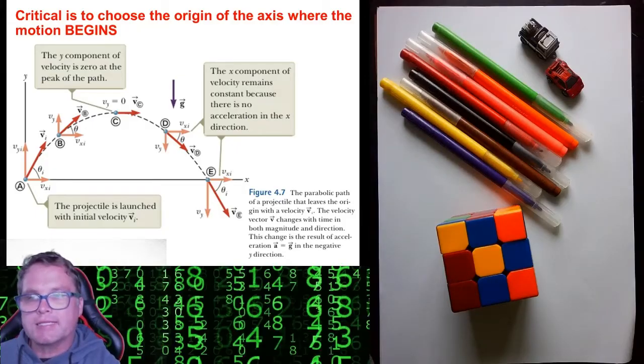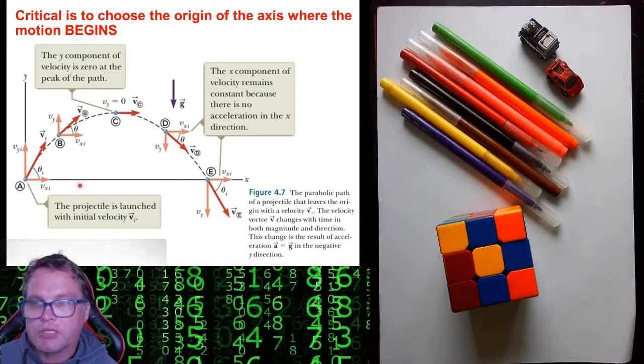If we turn our attention to the initial x component of the velocity and the initial y component of the velocity, we can in fact find out what those are by making use of trigonometric functions.